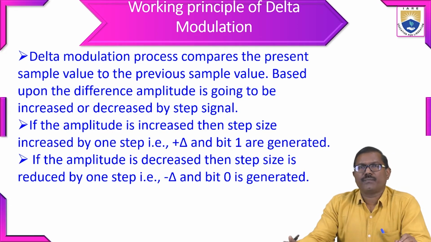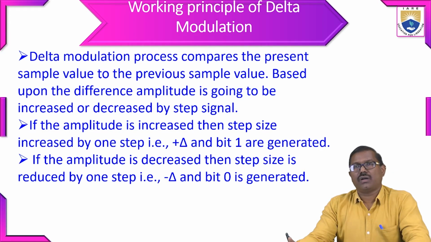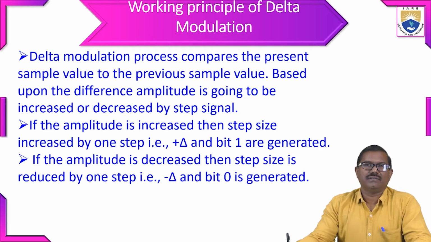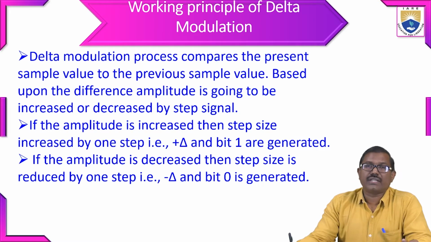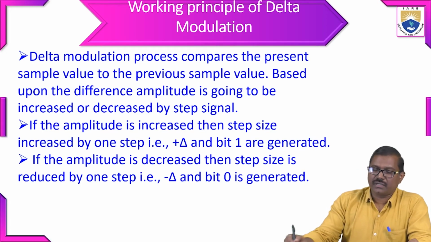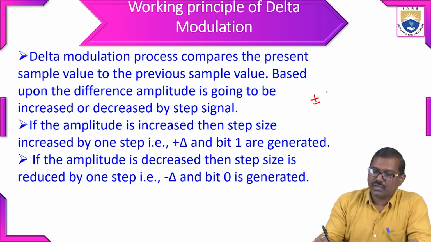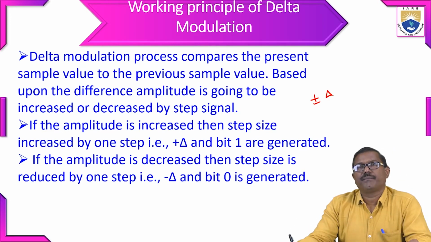If the amplitude is increased, the step size is increased by 1 step, that is plus delta, and bit 1 is generated. If the amplitude is decreased, the step size is reduced by 1 step, that is minus delta, and bit 0 is generated. So it has plus or minus delta.